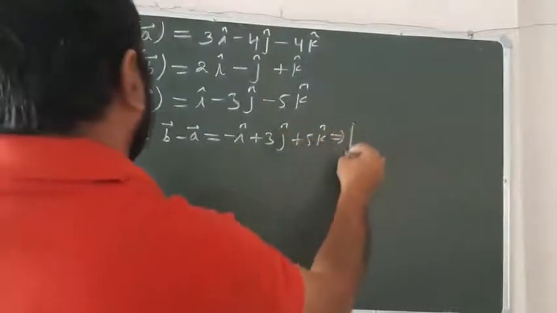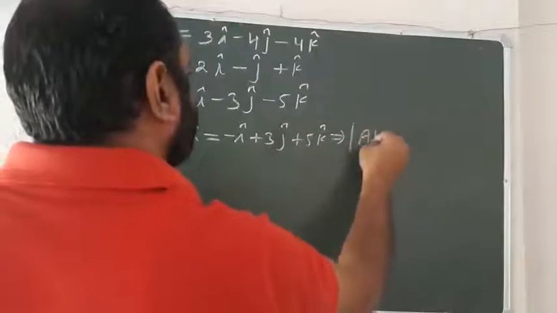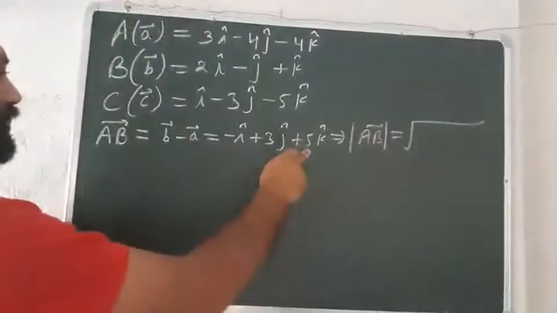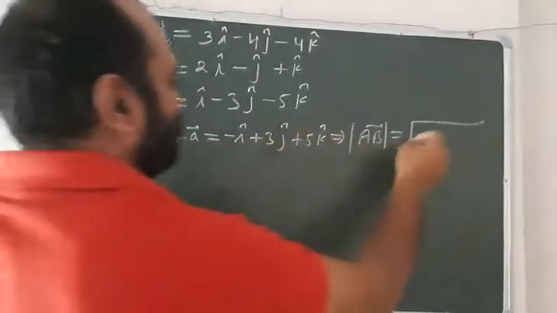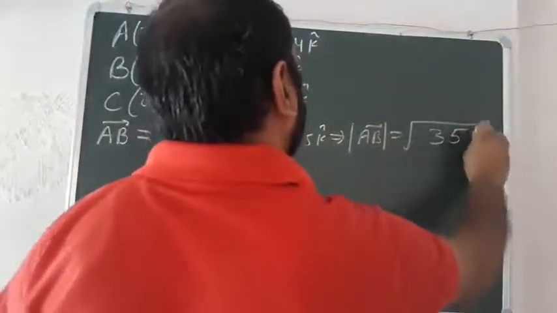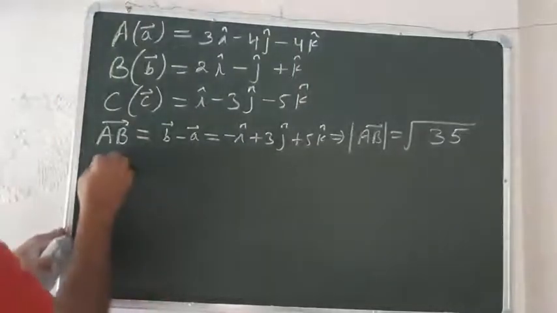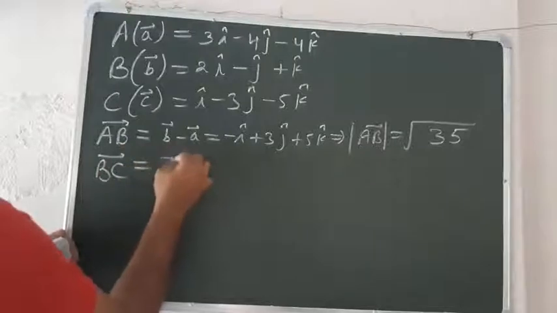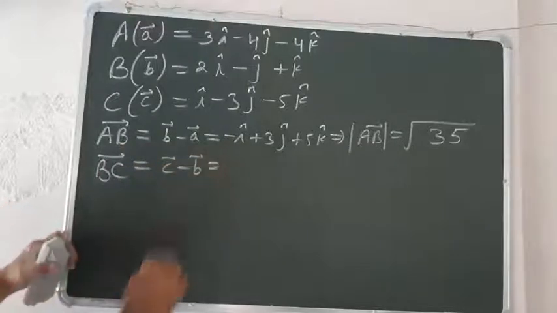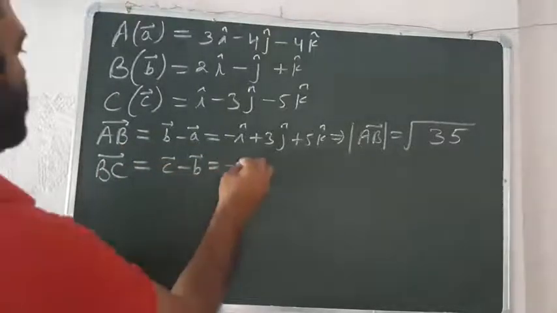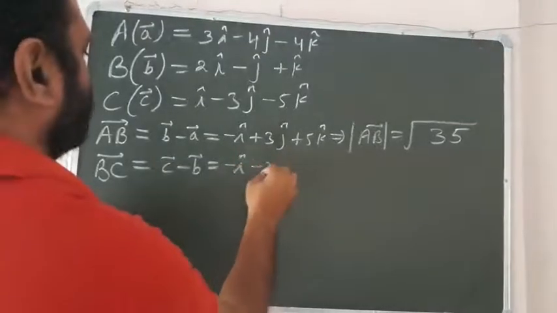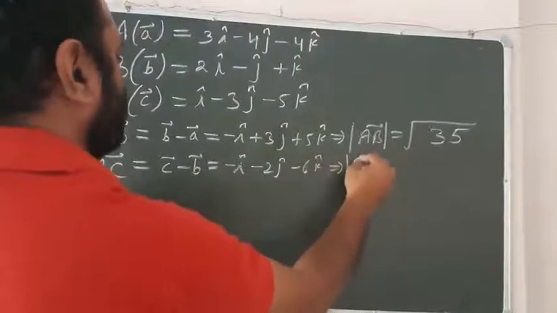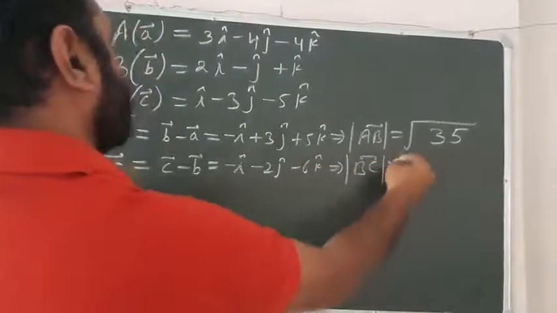Whenever you find the magnitude of this AB vector, you will get 25 plus 9, 34, plus 1, 35. Root 35 is the magnitude of AB vector. Similarly, BC vector is C vector minus B vector, that is equal to minus I cap minus 2j cap minus 6k cap. What is its magnitude?